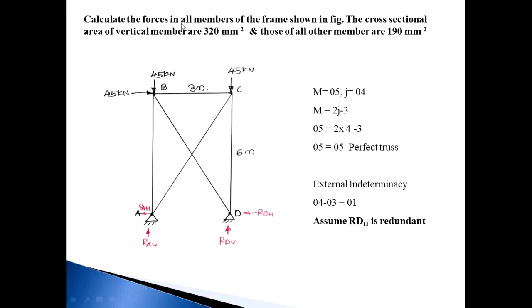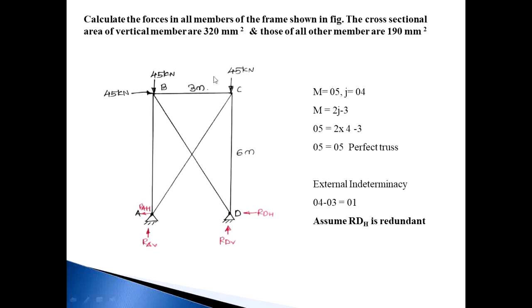Calculate the forces in all members of the frame shown in the figure. The cross-sectional area of the vertical members is 320 mm square and that of all other members is 190 mm square. So this is the truss given. The vertical members are AB and CD at 320 mm square, and all remaining members are 190 mm square.